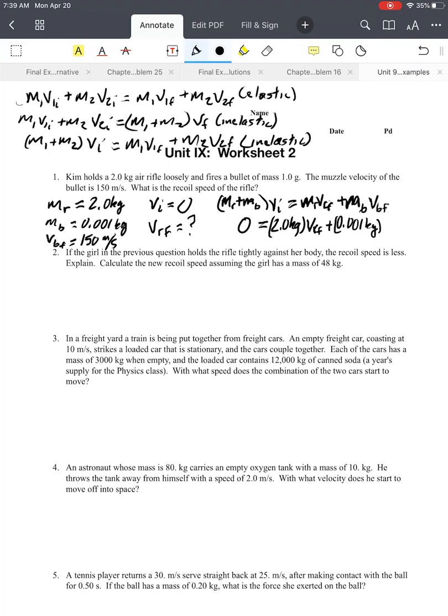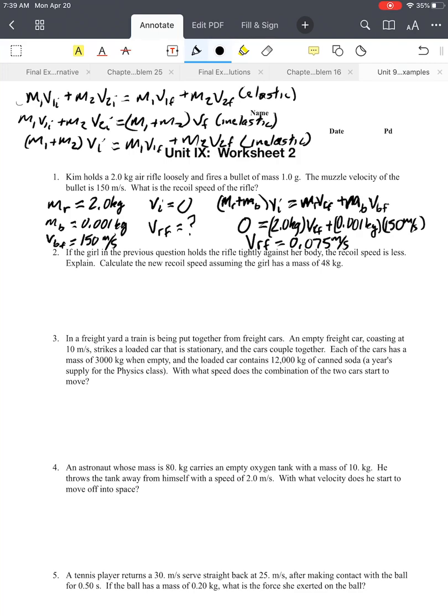And we know that the velocity of the bullet is 150 meters per second. And so then when we solve for VRF, what we get is 0.075 meters per second.